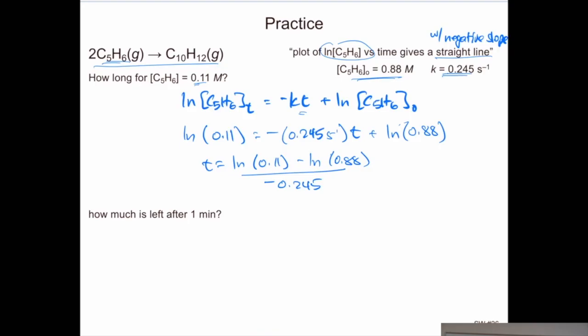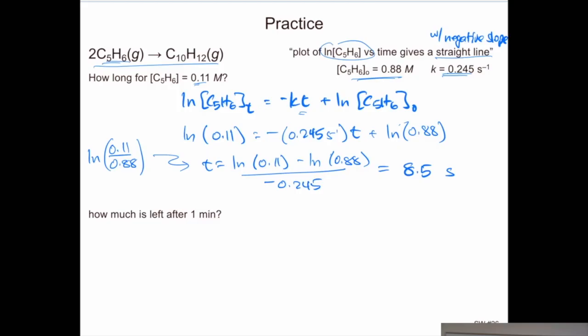And if you wanted to, you could have taken that numerator and turned it into the log of 0.11 divided by 0.88. But that's one of your identities in logarithms, right? Same thing. There you go. So it's 8.5 seconds.